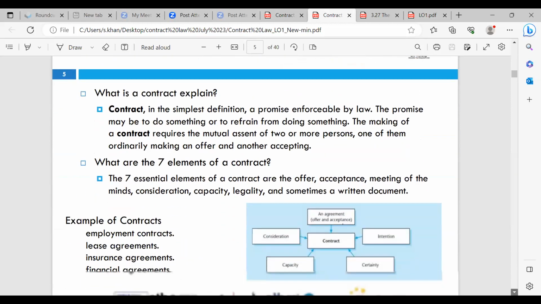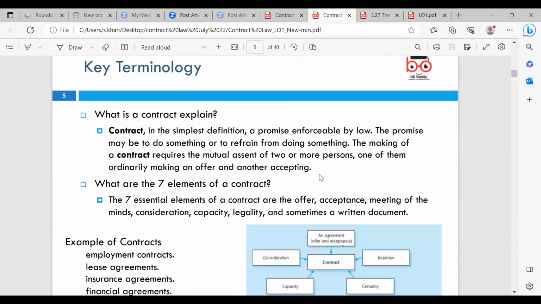Key terminology which is important to know if you're doing something on contract law, which is simply to identify what is a contract. So contract in the simplest definition is a promise enforceable by law.